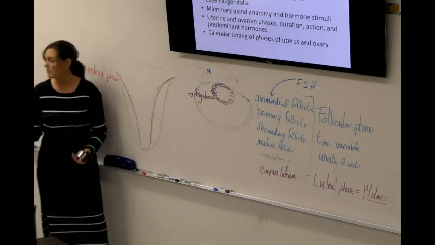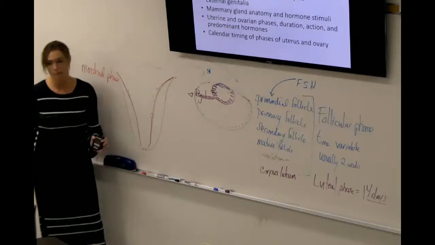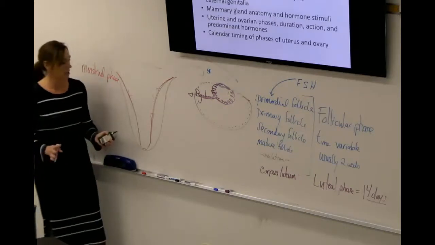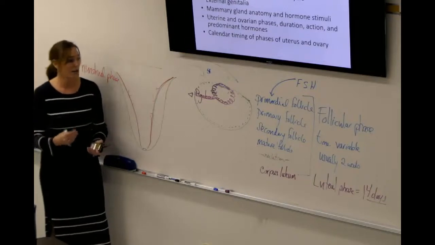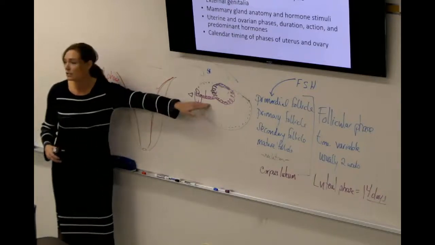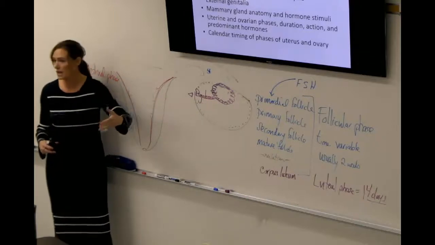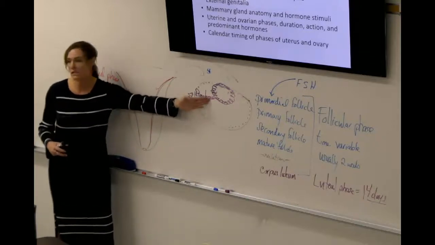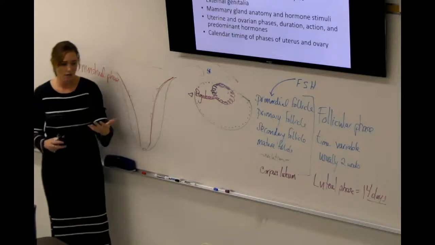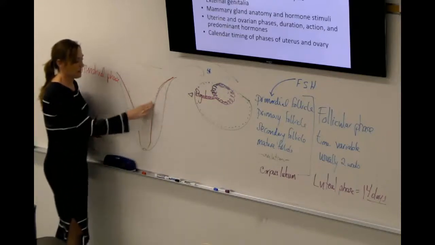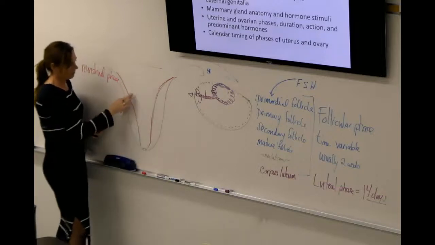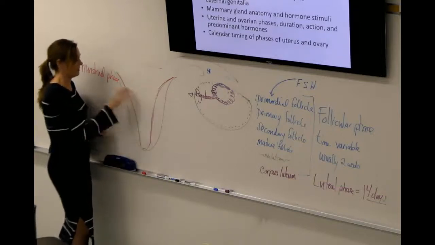Thicker lining isn't always good. It's not like the thickest one is the winner. It's not a contest, but you want to have enough estrogen to build a lining. The more important thing is the progesterone: whatever lining you make, how well can you secrete the glands? Some women can have a very, very thick developed lining, so again, that takes longer to get rid of. So that's the variation in the actual menstrual phase.